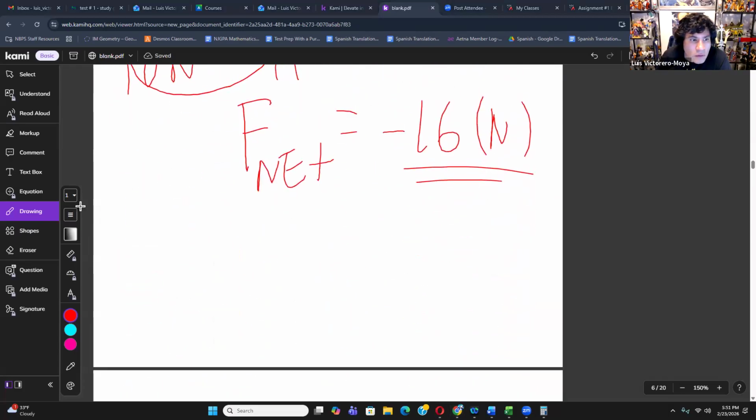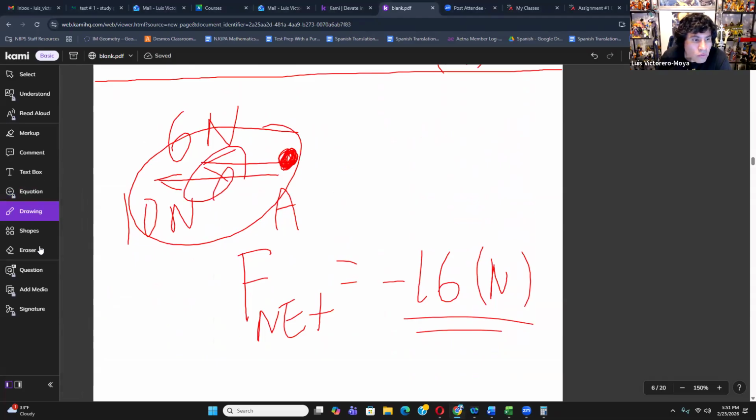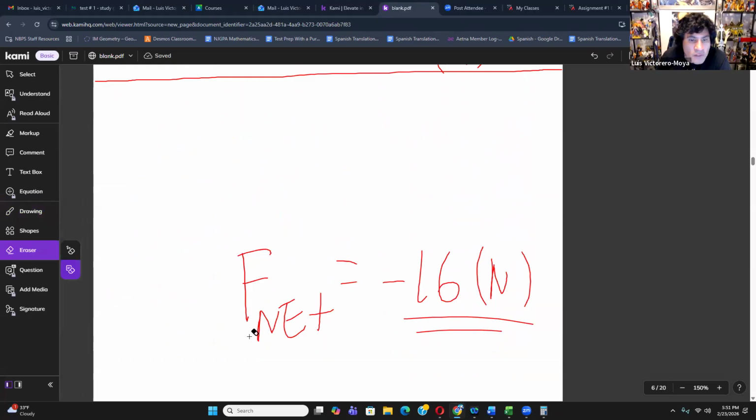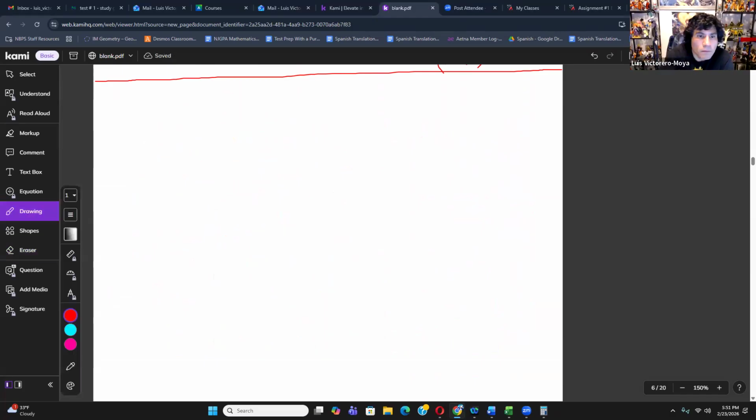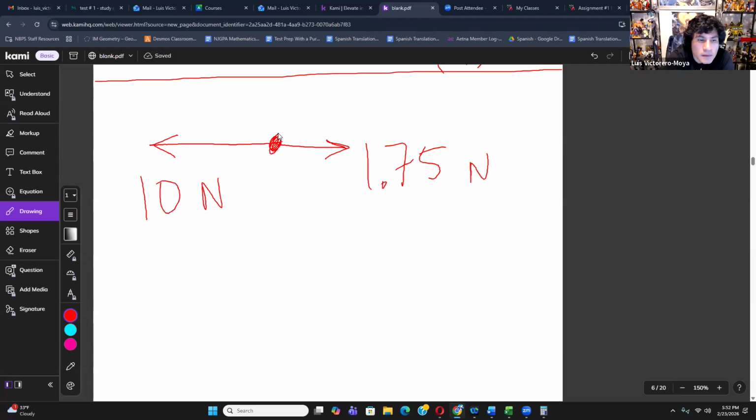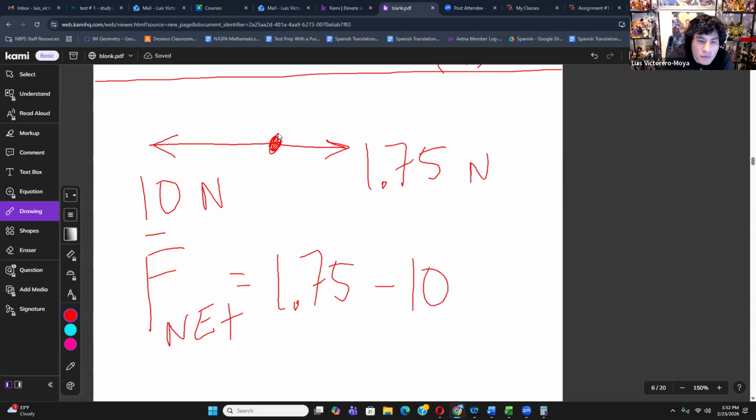Now, if you have a situation like this, the net force is 1.75 positive minus 10 newtons, which is negative 8.25.